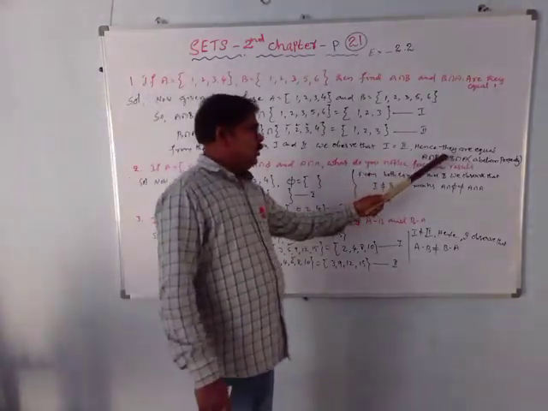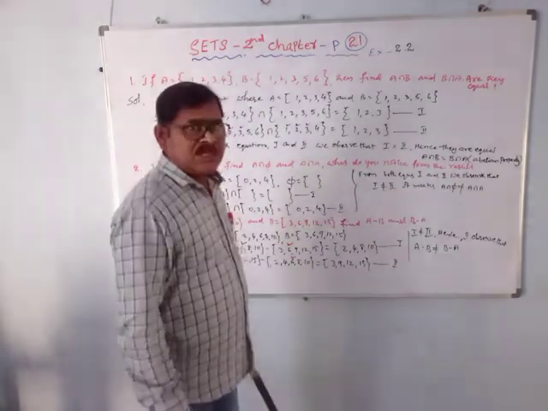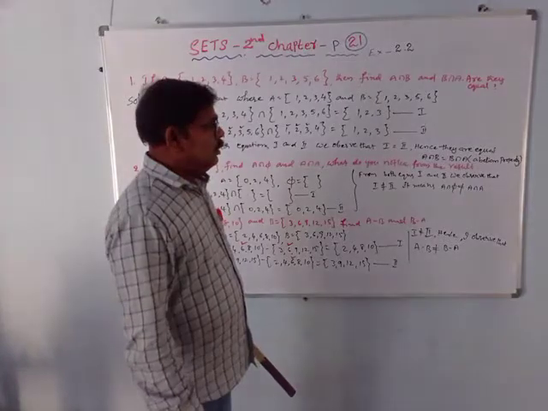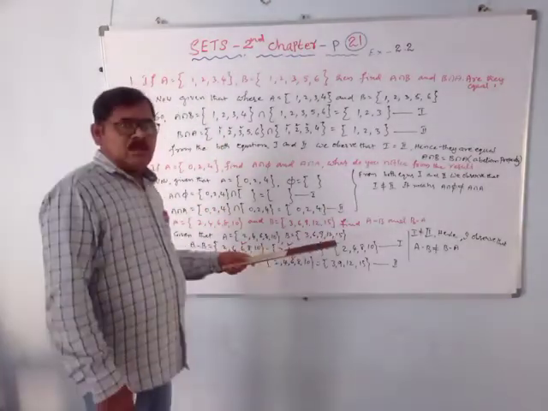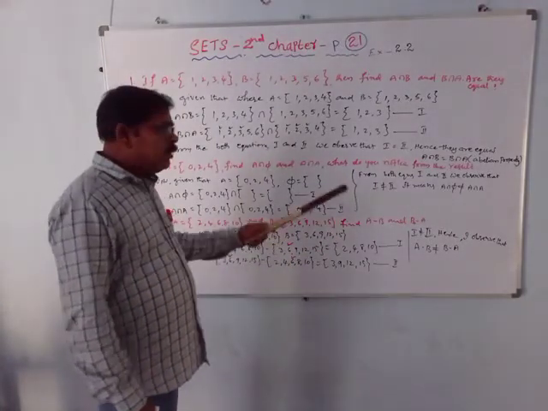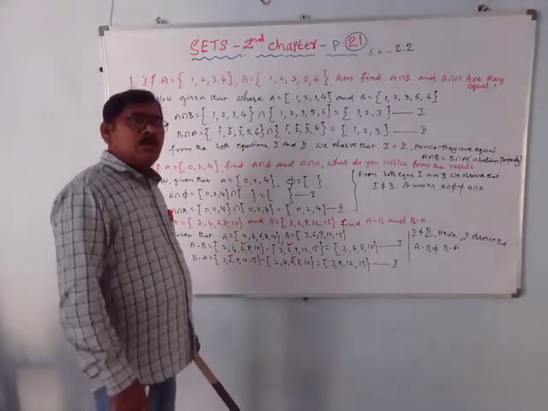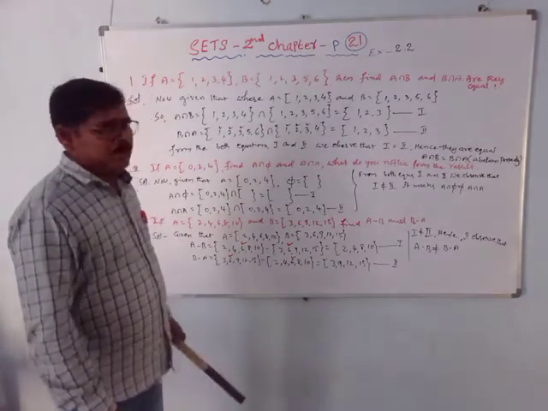So I observe that A intersection B is equal to B intersection A. We know this property as the commutative property.